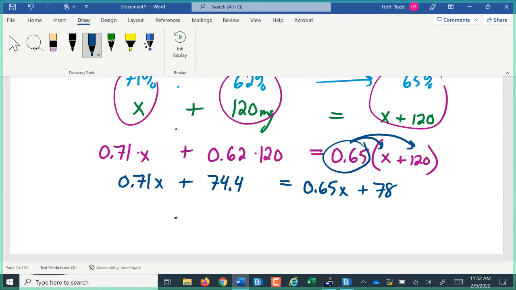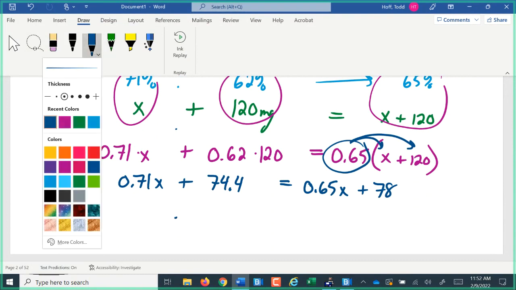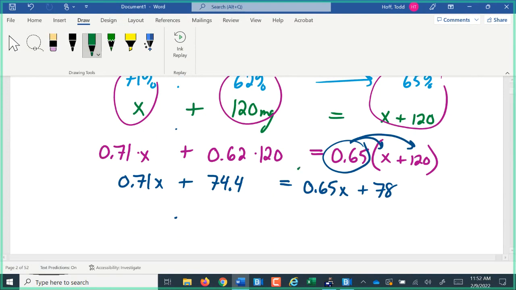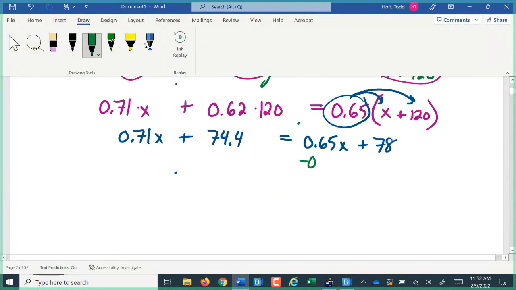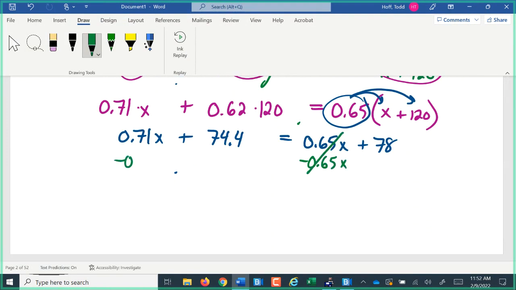Next, we need to make sure the variable is on one side. Here, of course, the variable's on both sides, so we're going to have to get rid of one of them. The smaller one is the 0.65x. It's positive, so we're going to get rid of it by subtracting it. So on the left side, 0.71x minus 0.65x is 0.06x.